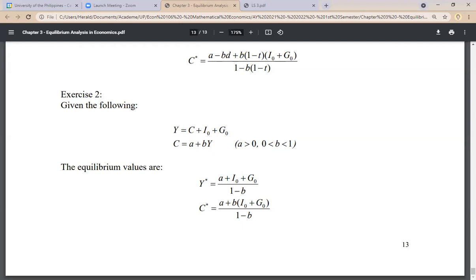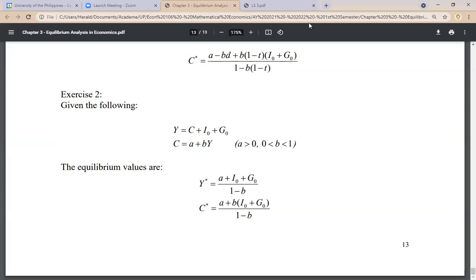In this case, we have national income, and we also have the consumption expenditure. Respectively, we have investment and government spending as our exogenous variables.